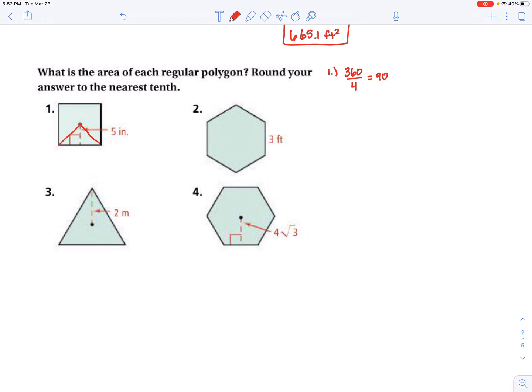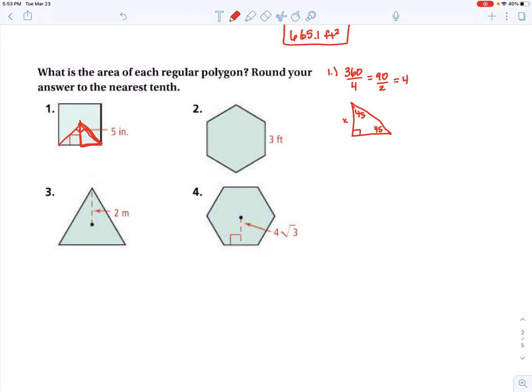So this whole thing right here is a 90-degree angle. If I divide that by 2, it's 45. So if I draw half of that triangle, like this part right here, this would be 45. This is 45, and then here's my 90.